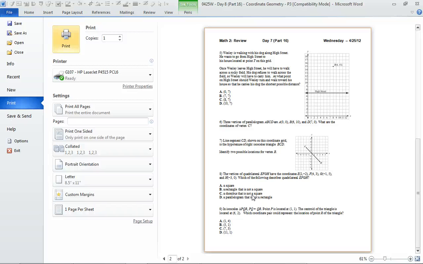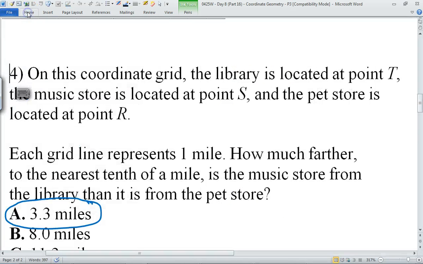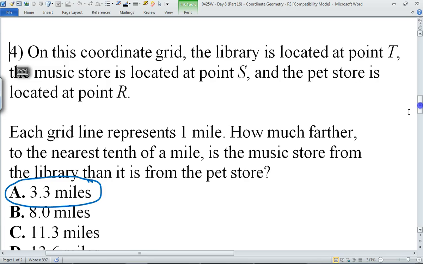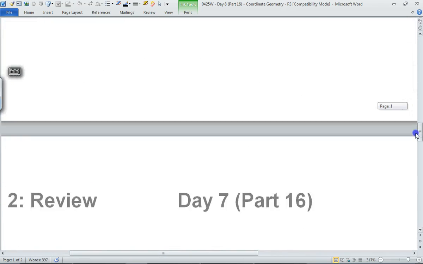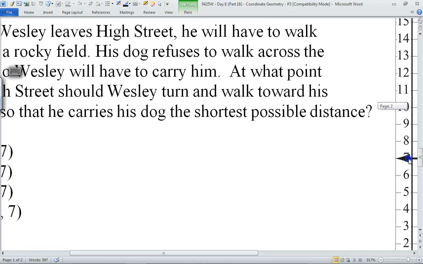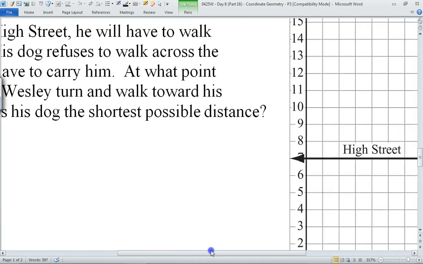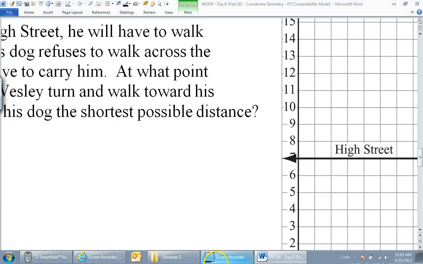Please act quiet. What happened to my screen? What's happening? Okay, I think I'm good. I'm all in the wrong thing. What's happening? Okay. Wait, what happened?